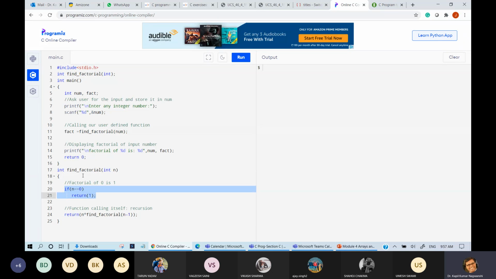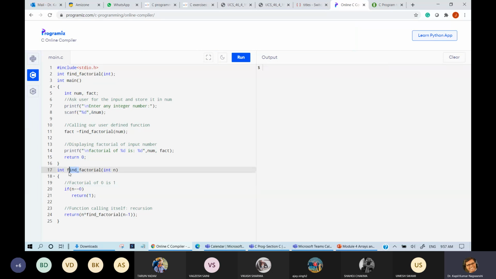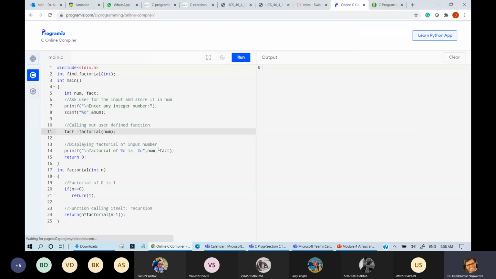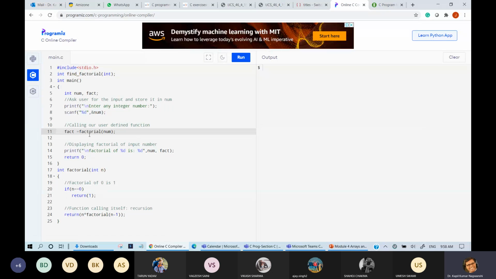This is our function factorial, and this is the calling function which will call the function and print the final value. Or you can simply write the factorial here also. Both have the same value.